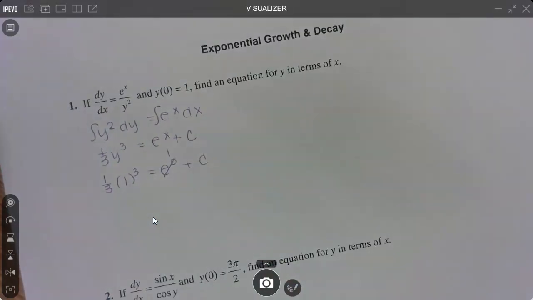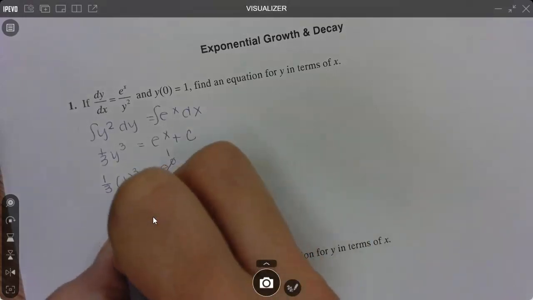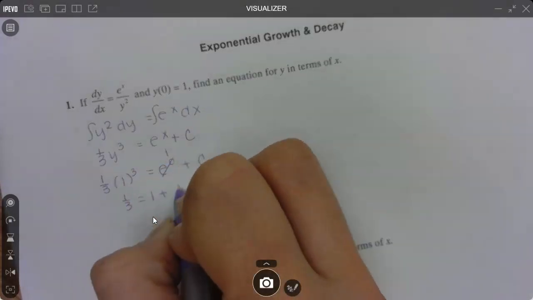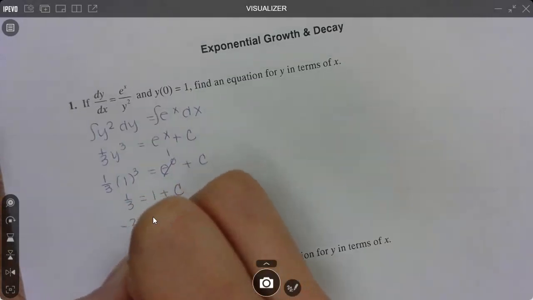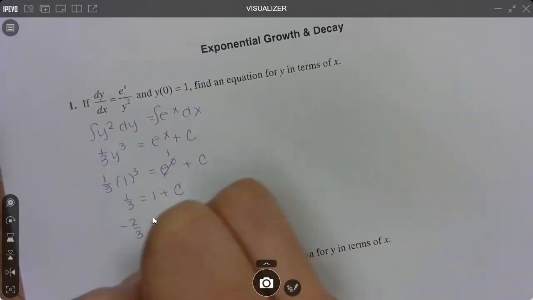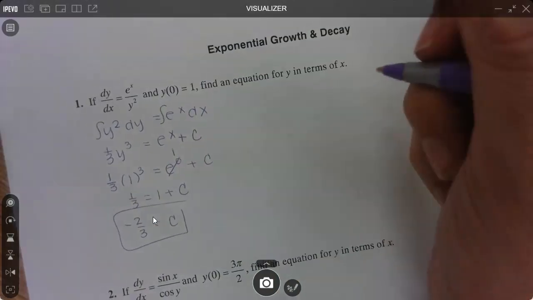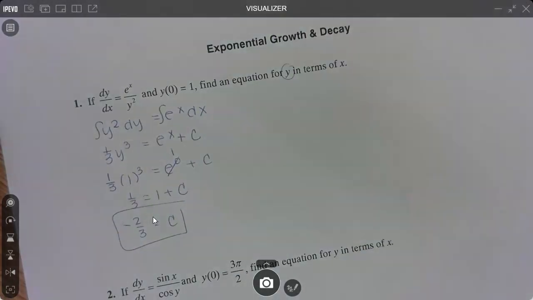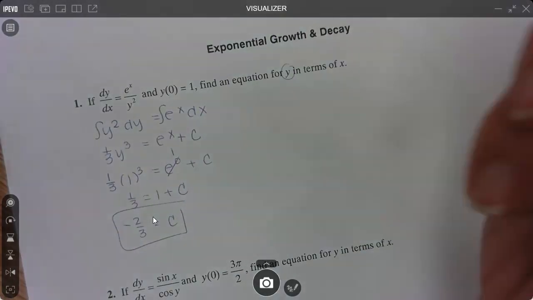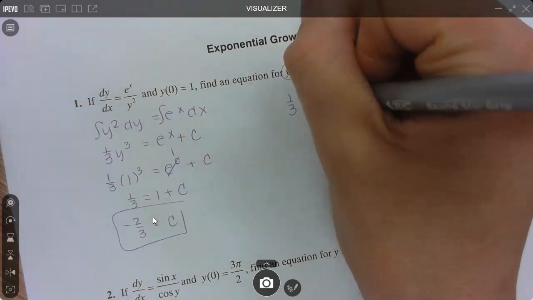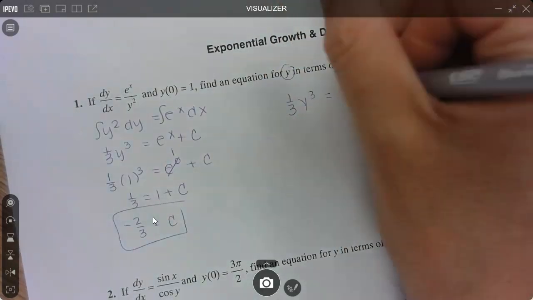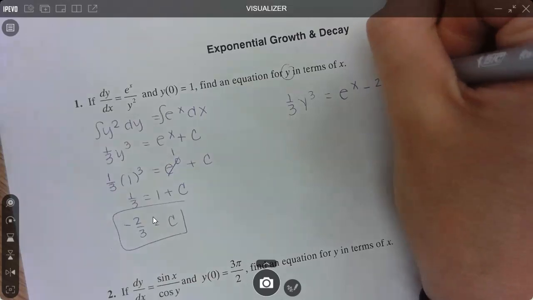Anything to the 0 power is 1. So we end up with 1/3 equals 1 plus c. So I get that c is equal to negative 2/3. So then solving so that this is in terms of y, I have 1/3 y cubed equals e to the x minus 2/3.